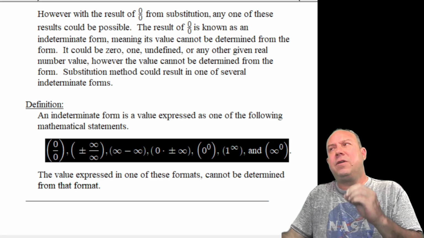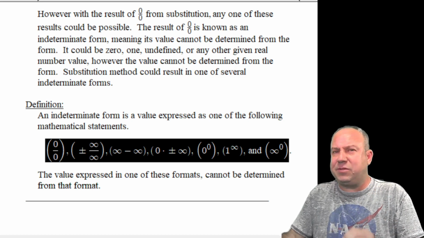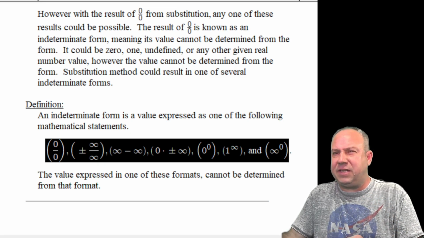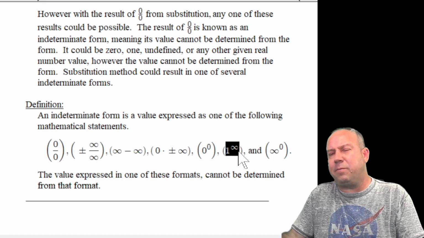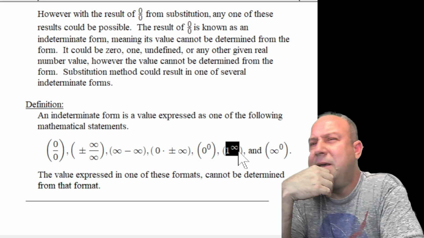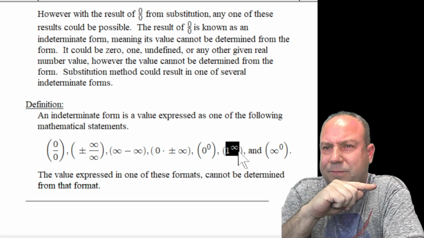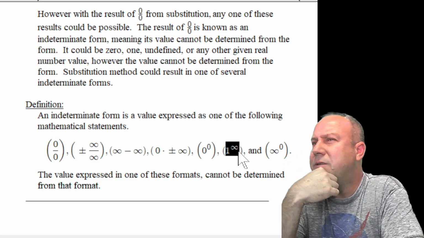If your evaluation of a limit is producing a substitution result that involves zeros or infinities, or you want to be cautious with this case of 1 raised to the infinite power, that's the one case that involves something other than 0 or infinity. You want to come over and check your indeterminate forms.